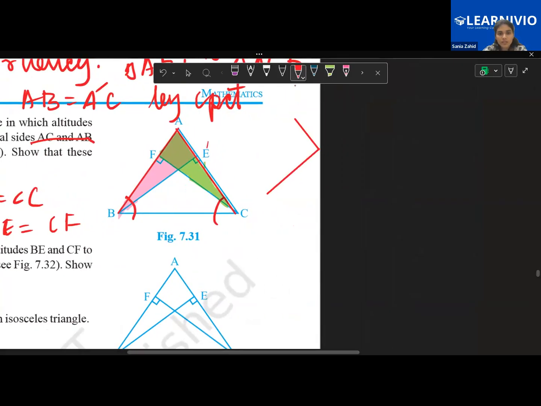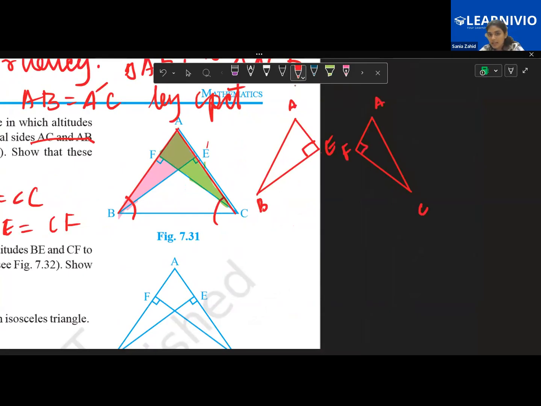Draw them separately. This is B, E, A. This becomes 90-degree. And next you have C, F, A. This is also 90-degree. Angle A is common for both, right?